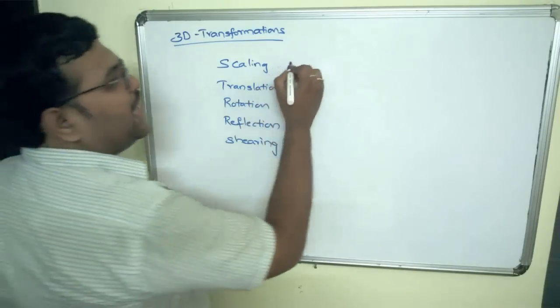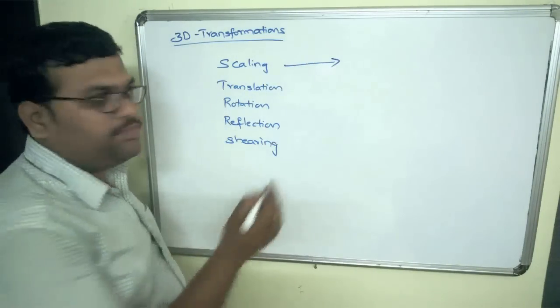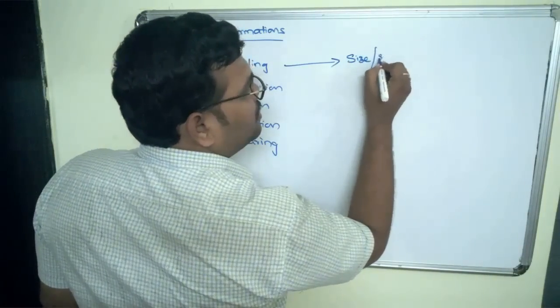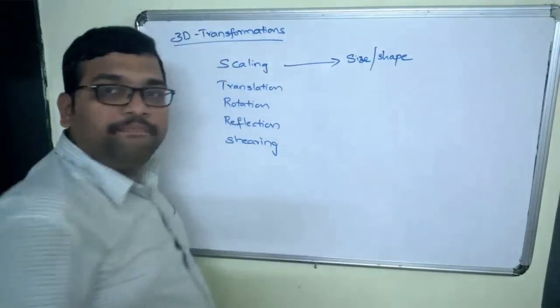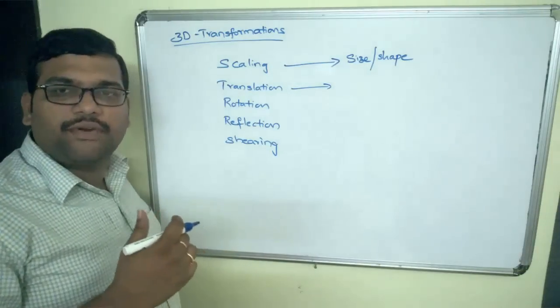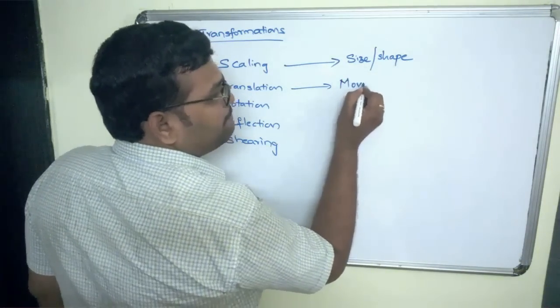As we know, scaling is used to change the size or shape of an object, so the size or shape may vary. Translation means moving the object from one position to another position.